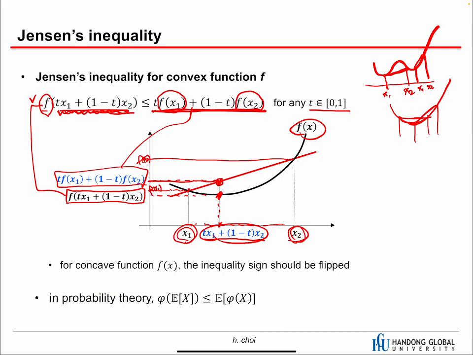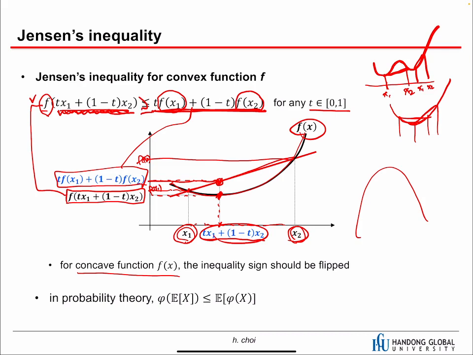Which means when the curve is like this, then this one is always above this actual curve. And if the function is concave, if it is like this, then the inequality sign should be flipped. Like this.